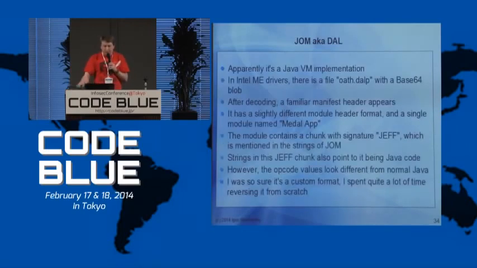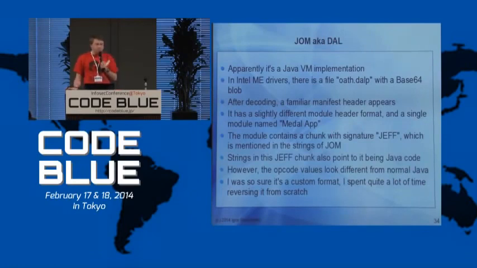So apparently, there is a Java virtual machine inside this module. And if I looked at the drivers, which I used, which use this Intel identity protection feature, there is a file with some base64 encoded blob.